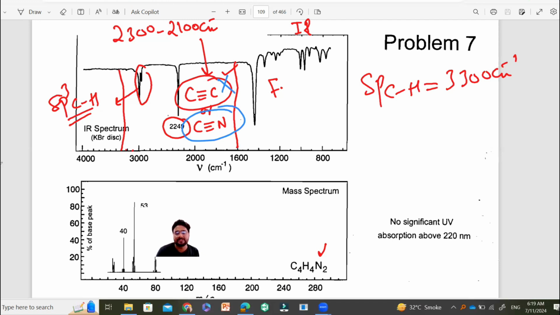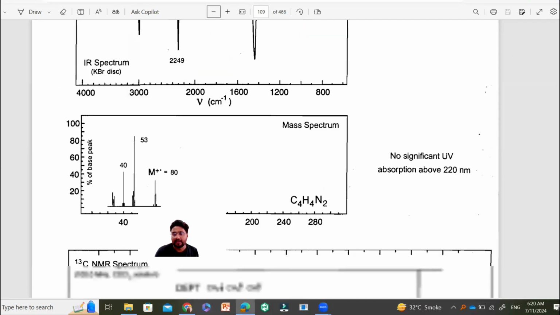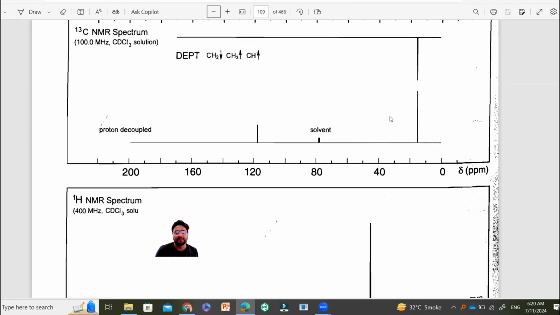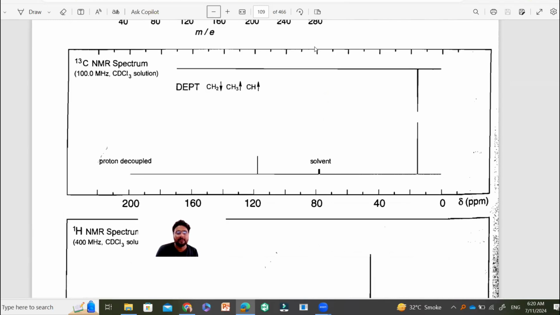So let's move towards the carbon-13 NMR. How does the carbon-13 NMR help us? In the carbon-13 NMR, the DEPT spectrum of the compound is given. In the DEPT spectrum there is only one negative signal, and it belongs to a CH2 carbon, while everything else is empty.